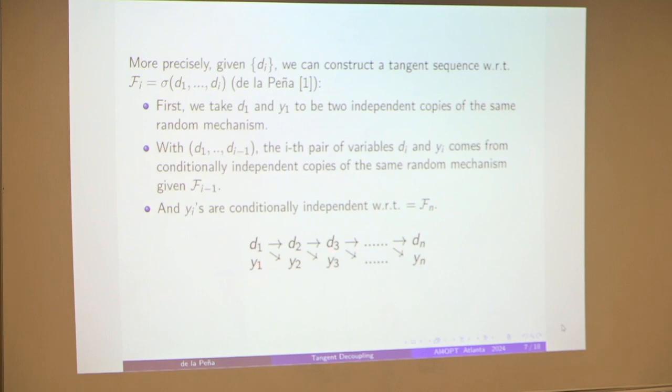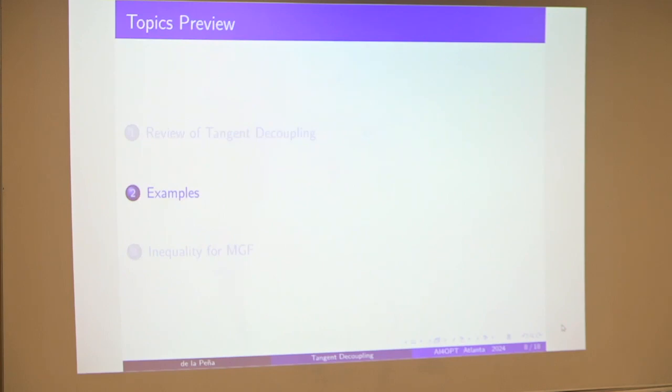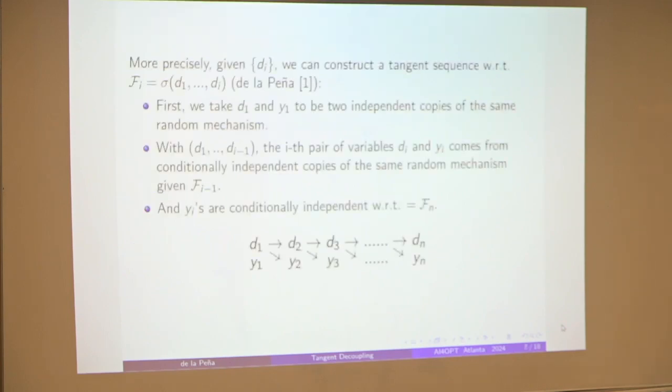In sampling, you have sampling without replacement, sampling with replacement, and conditionally independent sampling lives somewhere in between. From D1 you generate Y2 and D2.